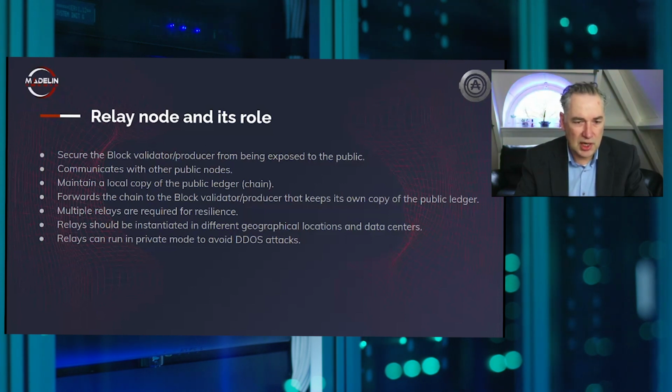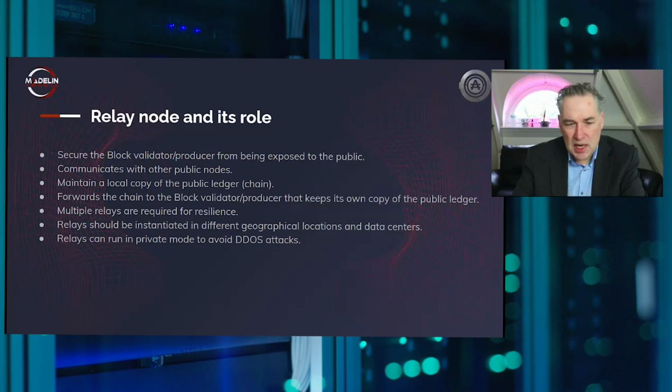Somebody could try to hack into that stake pool or block producer and could try to manipulate things that are going on regarding block producing. So that's what we want to avoid. It communicates with public nodes by forwarding blocks with transactions.